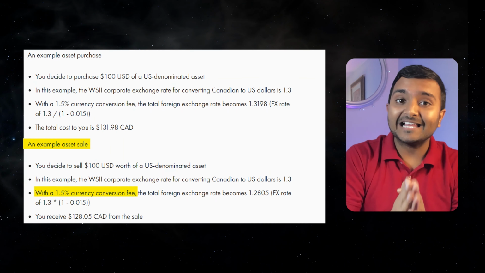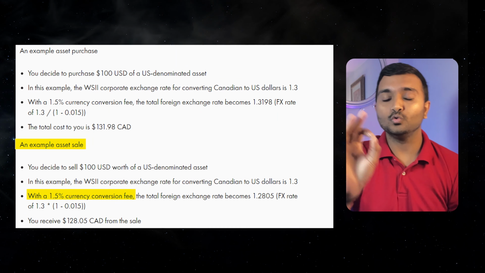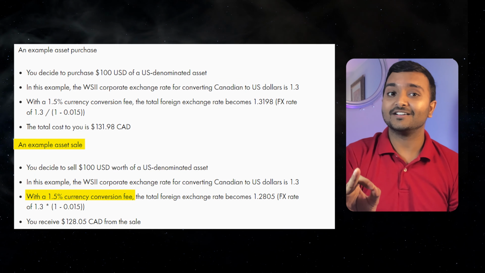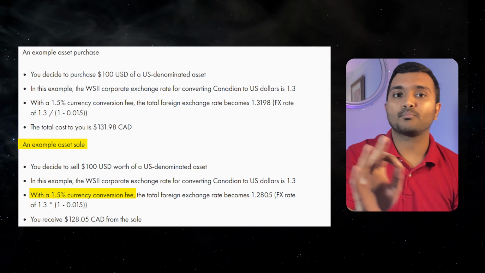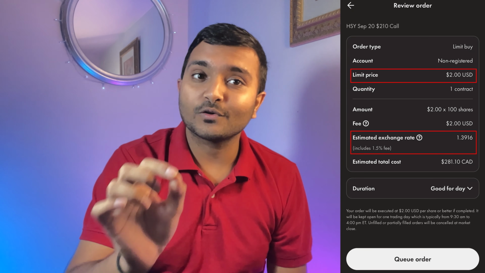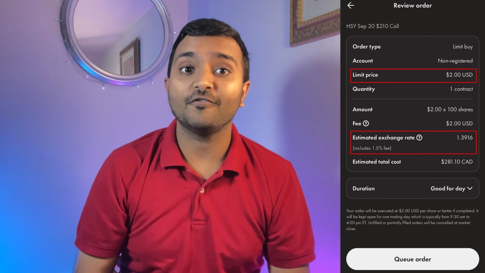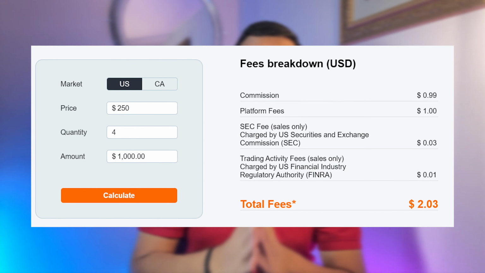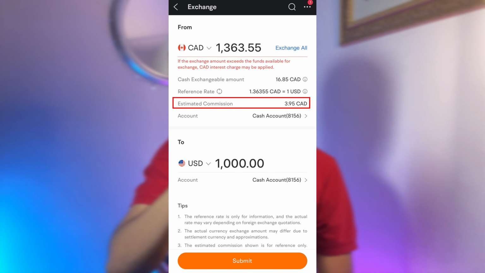And when you sell those stocks and convert the US dollar back to Canadian dollars, you will incur that same 1.5% fees again, and this results in a total loss of 3% right off the bat. Shortly, I'll also explain a very similar story for the options as well and show you how you can save on these fees.